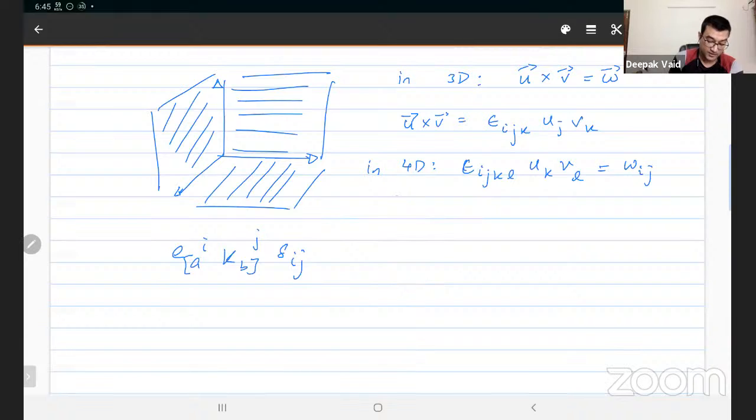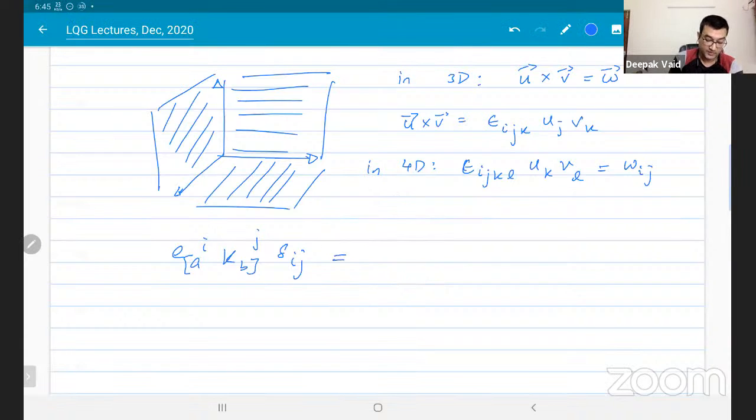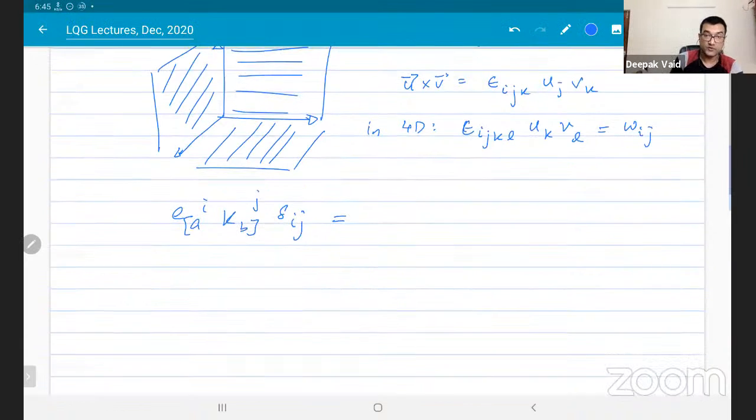So we have this constraint. I can express it alternatively in the following manner. I can write this as epsilon ABC EAI KBJ delta IJ, and then this becomes BC. This is equal to 0.